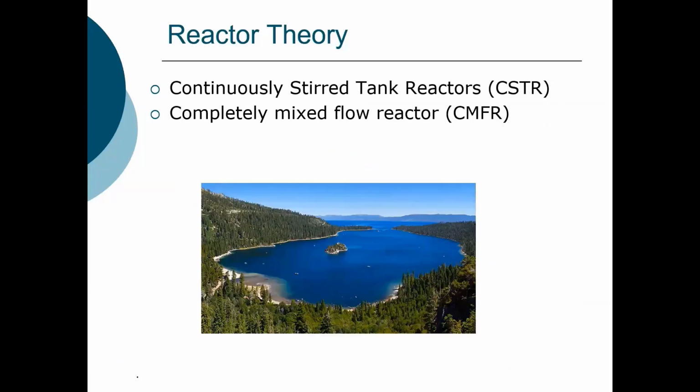We can look at a lake, for instance, as a CSTR. It's a significant approximation, but we can. So if we were to look at a lake like this as a CSTR, what are the flows that we have into the system?